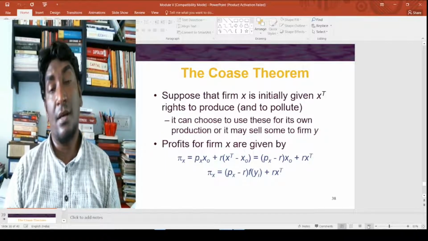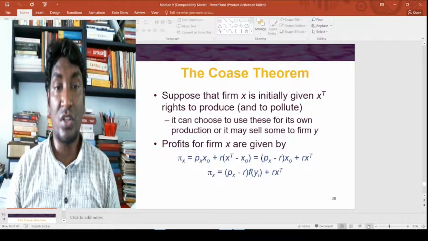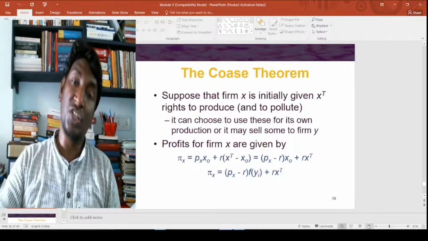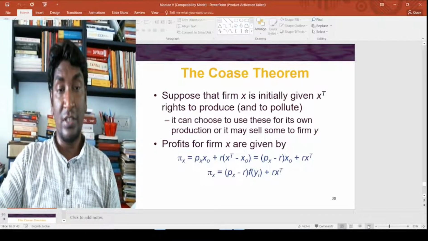But this is a kind of sham. Suppose that firm X is initially given xt, the right to produce and to pollute.